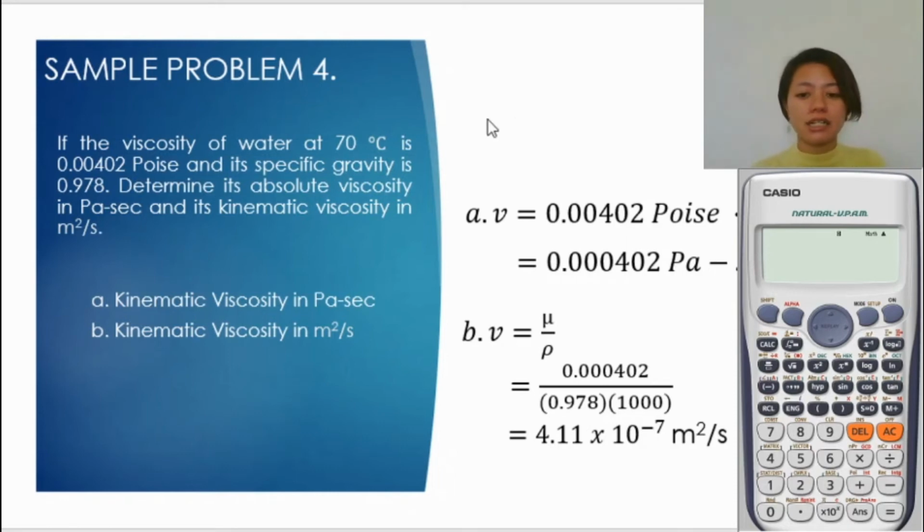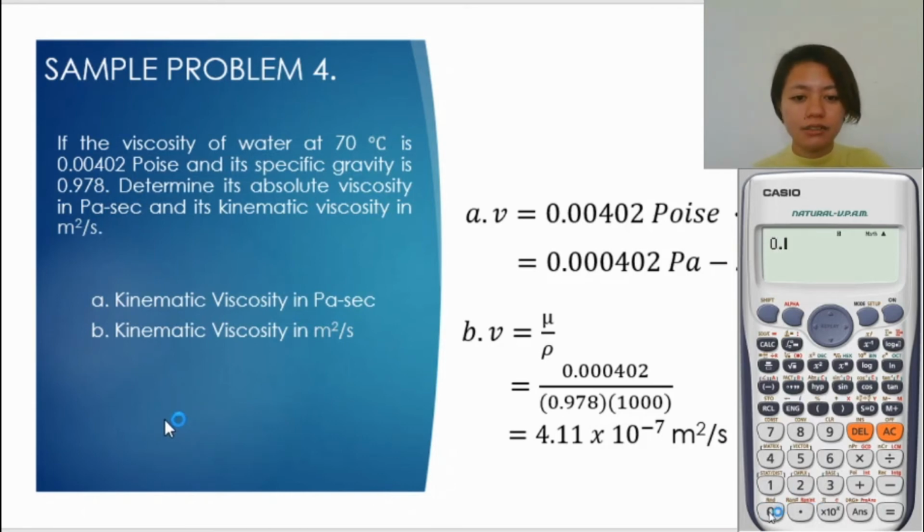First, get the viscosity. It is in poise, so we convert it by multiplying by 0.1 to get Pascal seconds. Let's calculate.